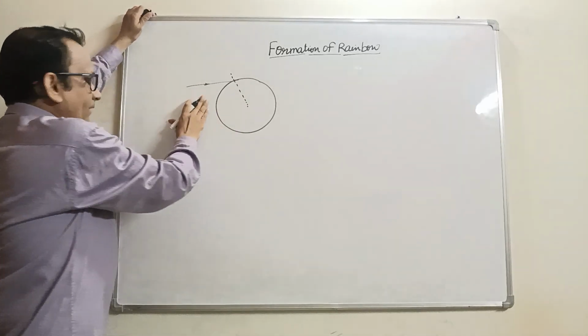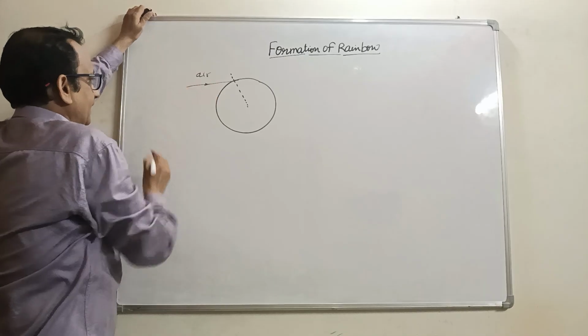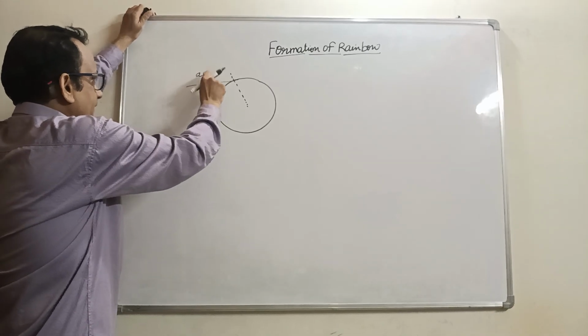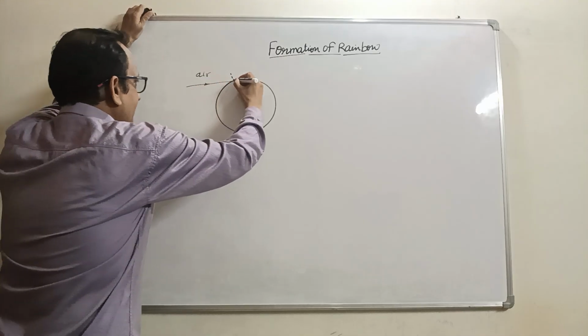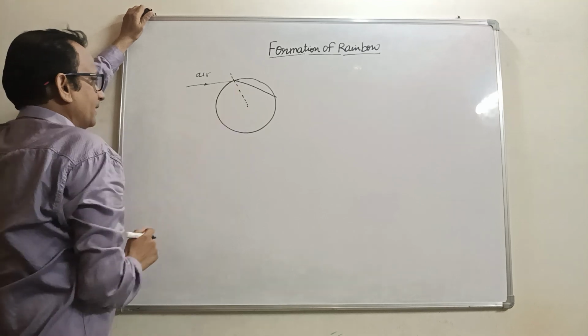We know when a light ray comes from a rarer to a denser medium, it bends towards the normal.